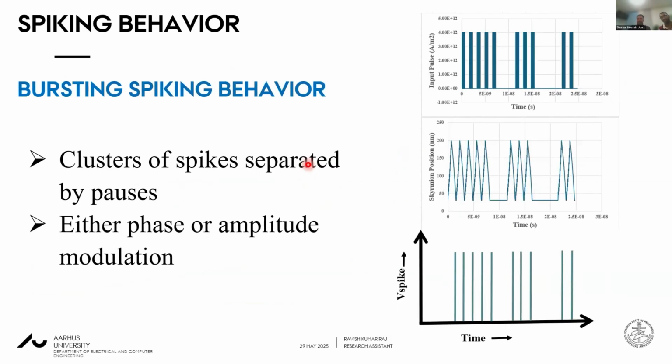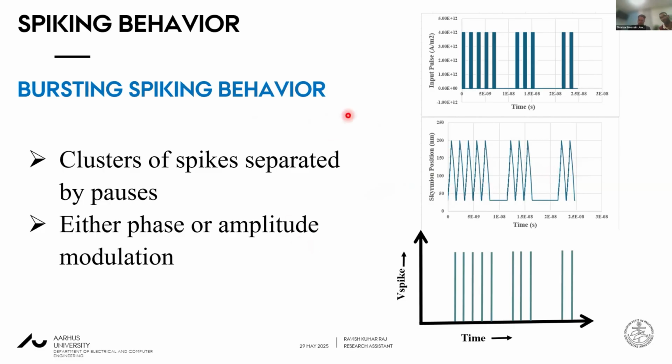This is another type of spiking behavior that we observed by varying the input pulse at some time intervals. Bursting spiking behavior means that it will have a group of spikes, though not identical; the next spiking is non-identical over the time period.